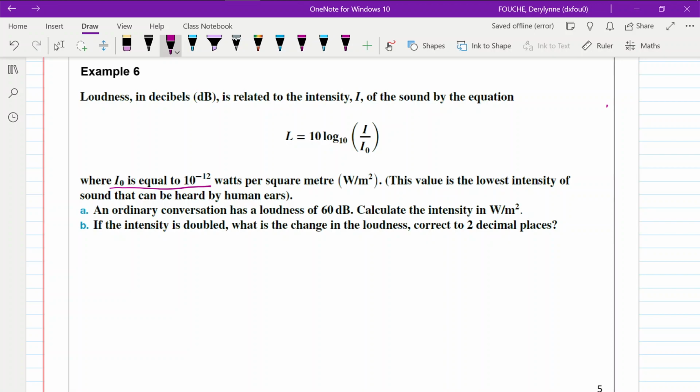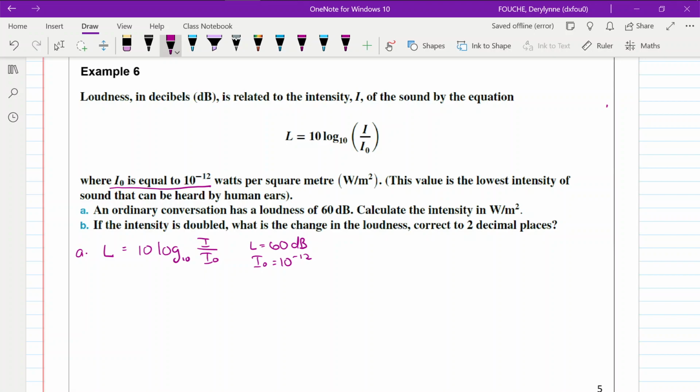So let's have a look. We've got an equation that says L is 10 log base 10 of I over I0, and we know that L in this case is 60 decibels, and we know that I0 is 10 to the negative 12.